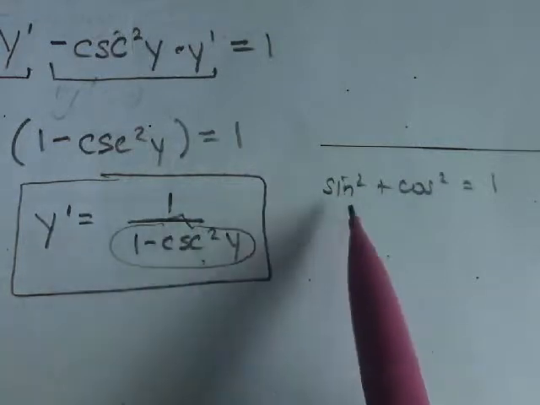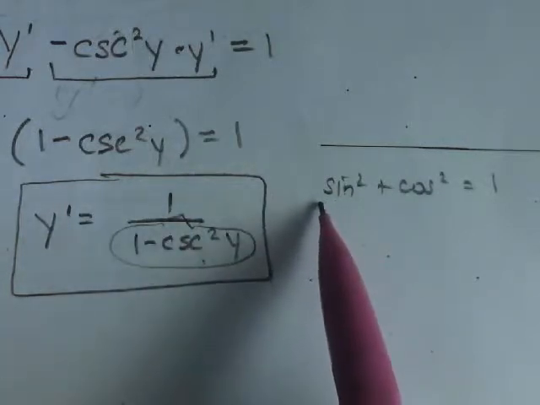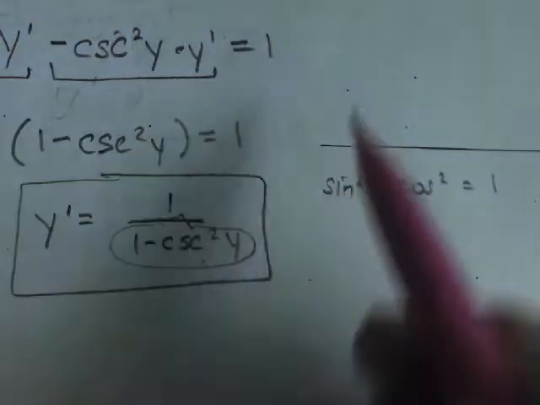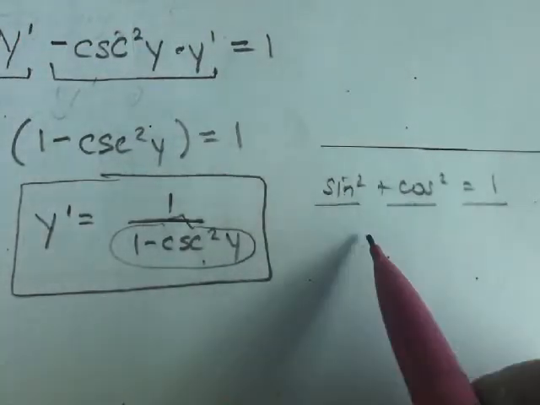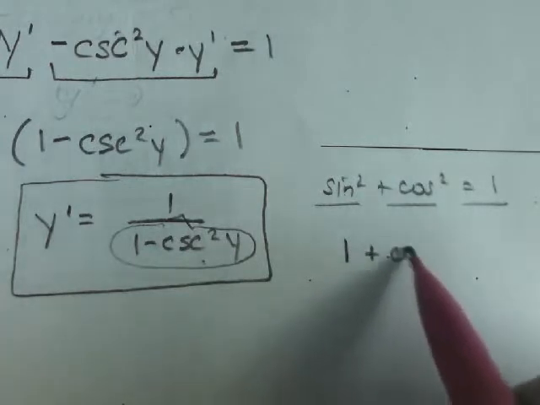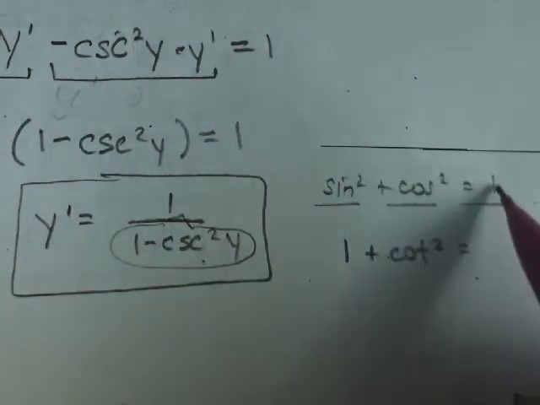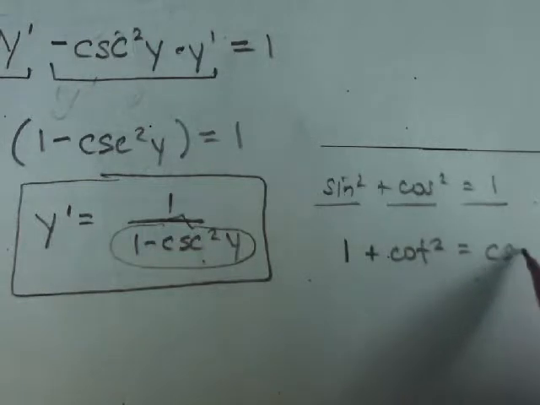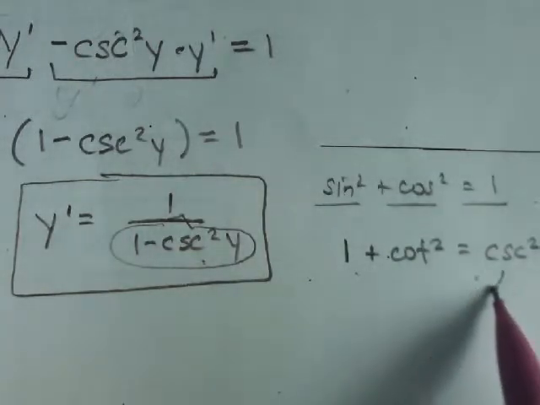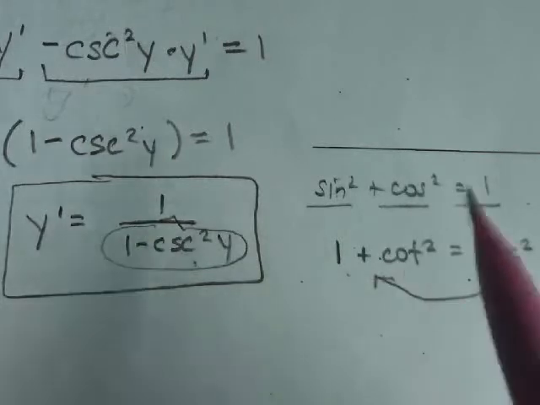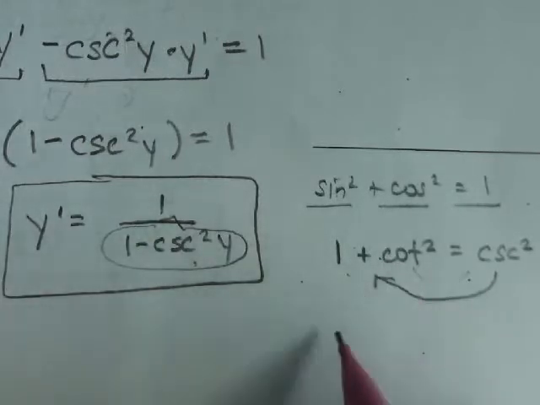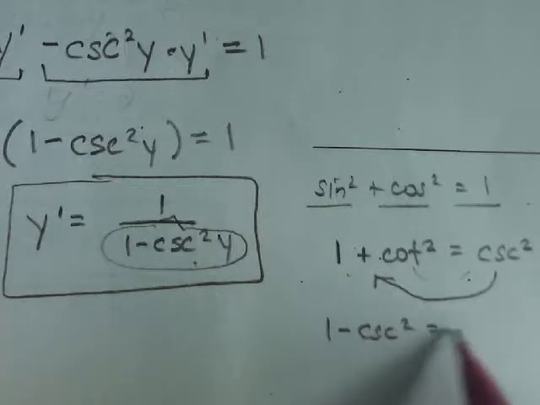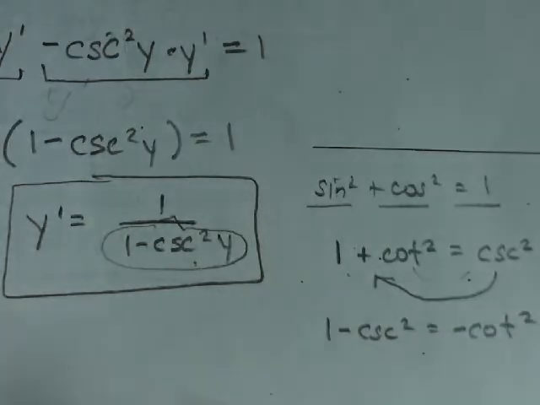And then 1 minus a cosecant squared, and then I'll subtract the cotangent squared over, will equal a negative cotangent squared. So y equals 1 over negative cotangent of y squared. And that's the reciprocal of cotangent. Oops, my squared should be on the inside. Sorry. What's the reciprocal of cotangent? Tangent. So it's negative the tangent of y squared.